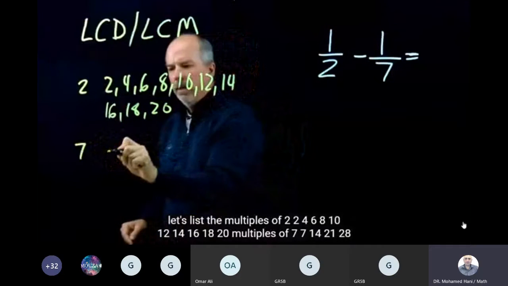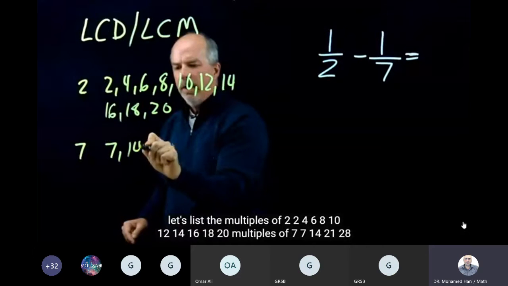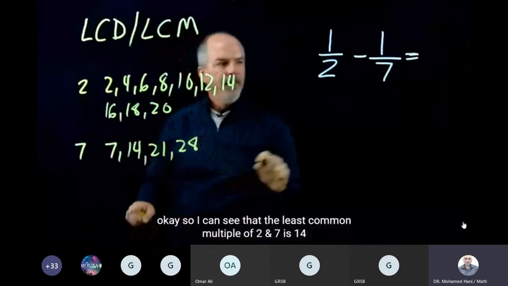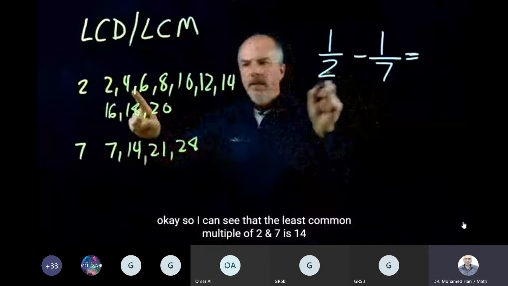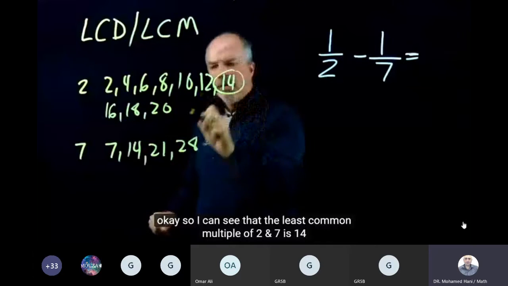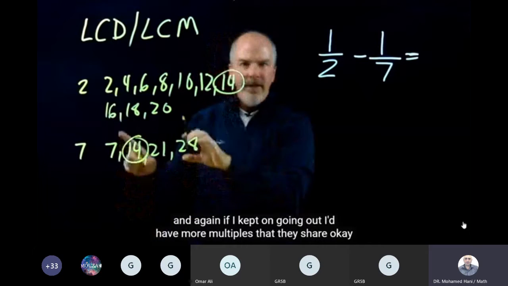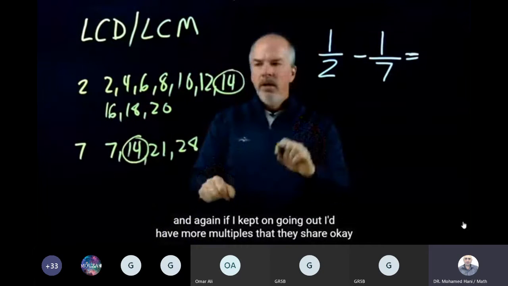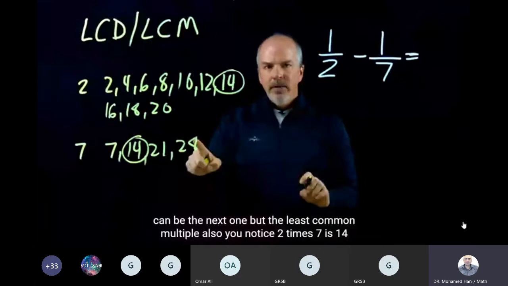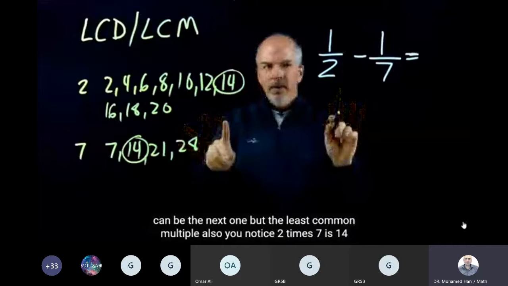Multiples of 7: 7, 14, 21, 28. Okay, so I can see that the least common multiple of 2 and 7 is 14. And again, if I kept on going, I'd have more multiples that they share. 28 would be the next one. But again, we want the least common multiple.